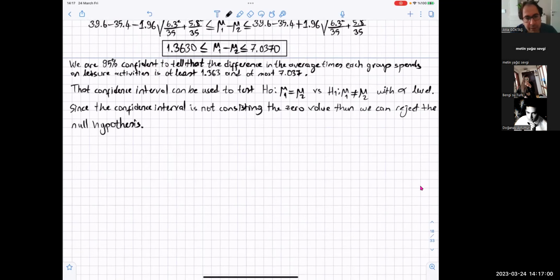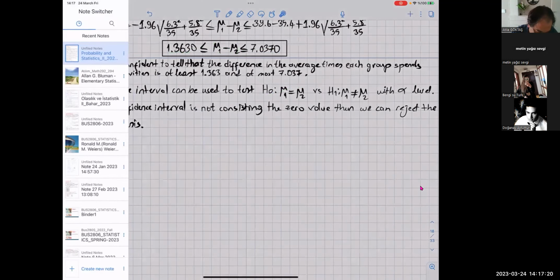If you are given the interval, since the lower bound is positive and the upper bound is positive, the interval for mu1 minus mu2 will not include the zero value. So it's easy to reject the null hypothesis.